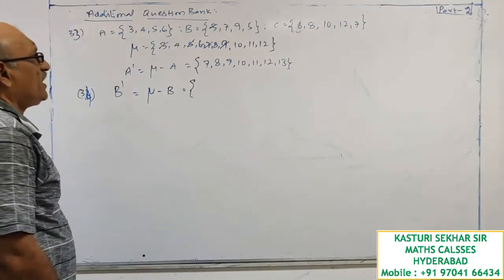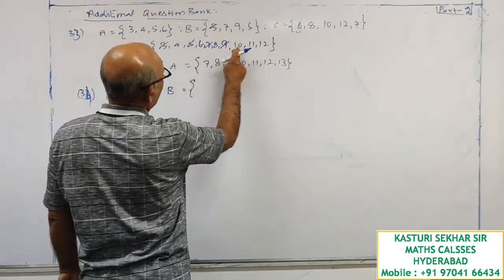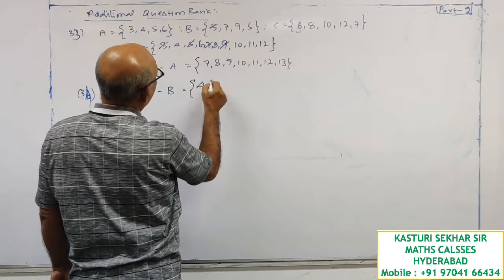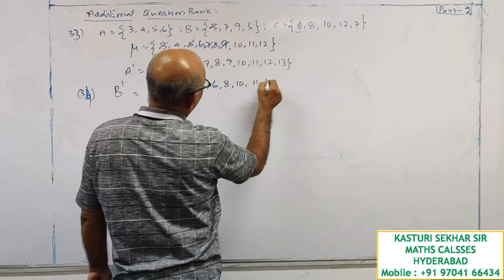So the universal set is having how many elements? 1, 2, 3, 4, 5, 6 elements: 4, 6, 8, 10, 11, 12.